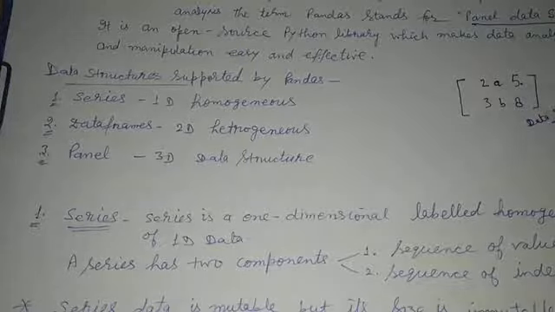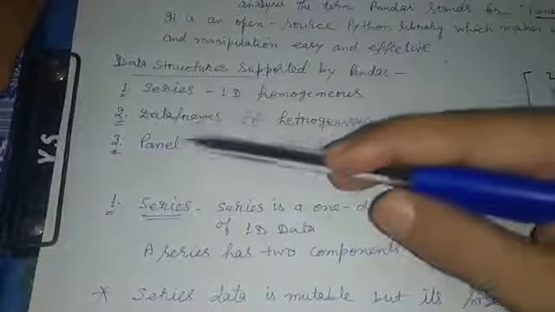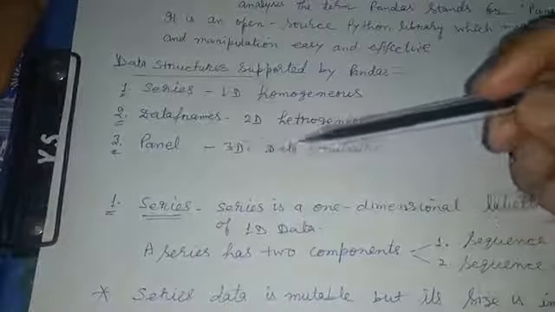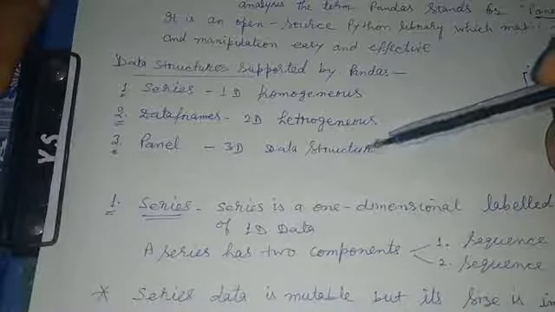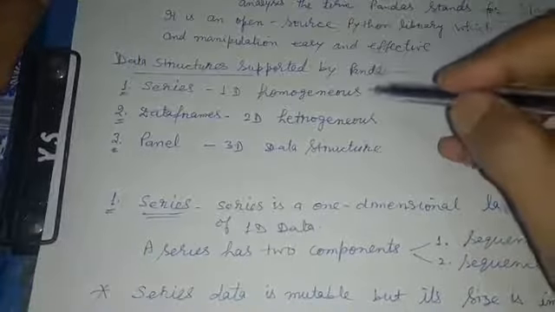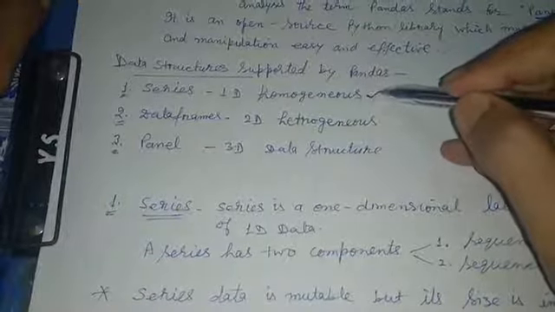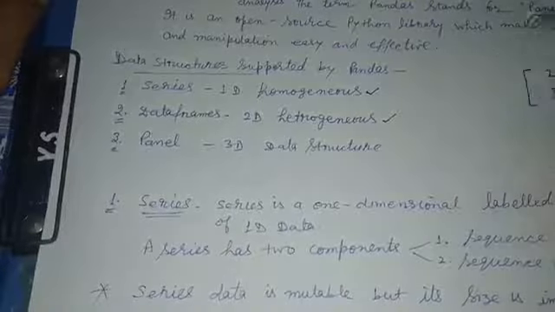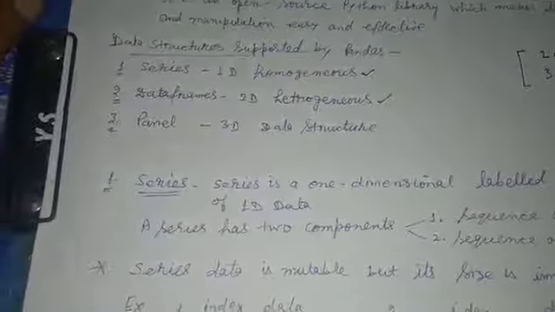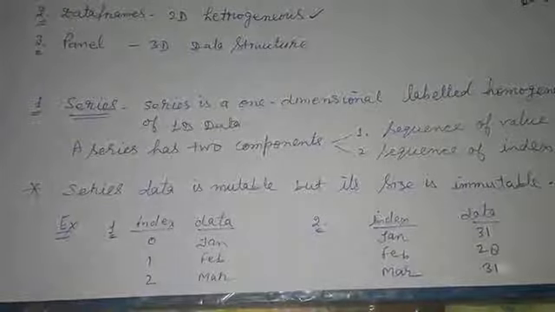This is called a heterogeneous set of data. And the third pandas object is panel, which is a 3D data structure. In your syllabus you only need to study series and data frames. So let's go into the detail of these data structures one by one.